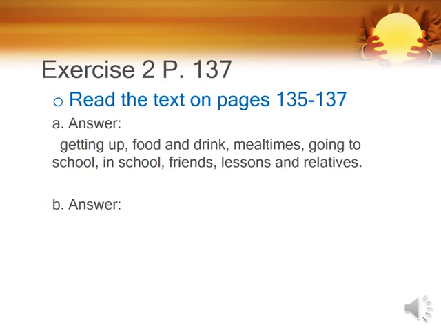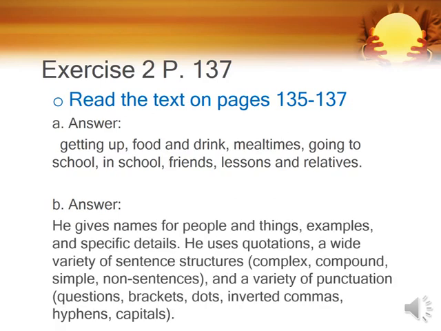After that, we have B. B says, can you say what the writer does to make the text more varied and interesting for the reader? What did he do to make it interesting for us? Well, he gave names for people and things, examples, specific details.